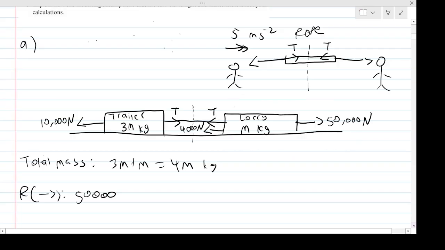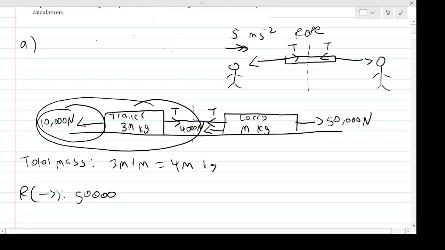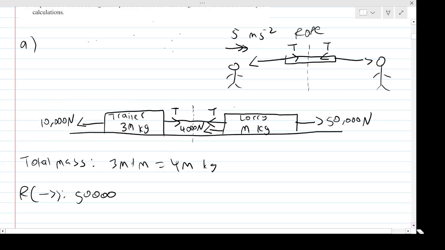What about the trailer? We've got this 10,000 newtons going to the left, so it's not going to the right. But we've got the tension at the first half of the rope that's pulling the trailer forward, so actually we need to add on the tension.